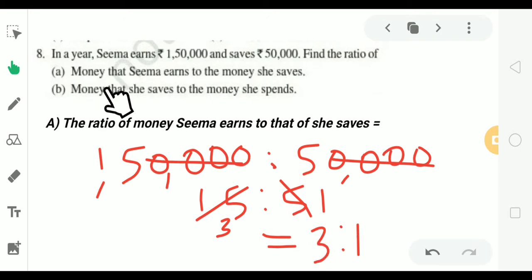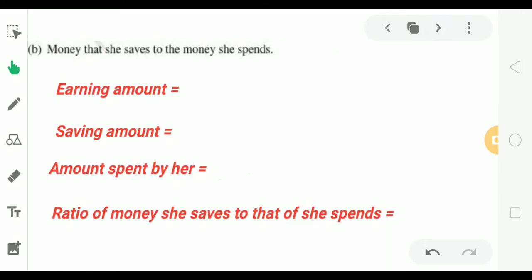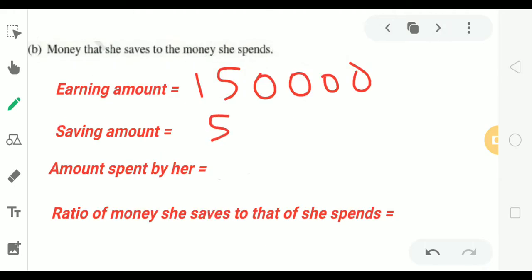Then next one, money that she saves to the money she spends. So here earning amount is given as rupees 1,50,000, and she saves 50,000 rupees. Then how much she spent?